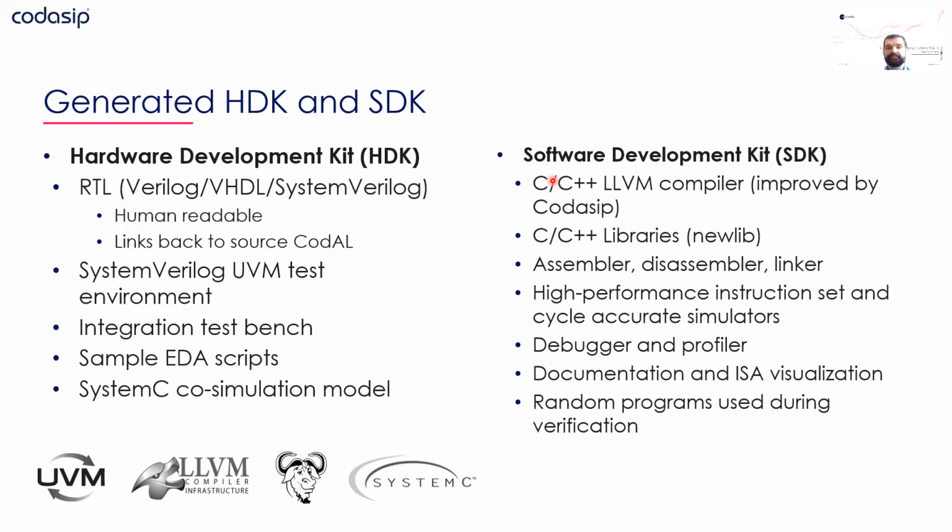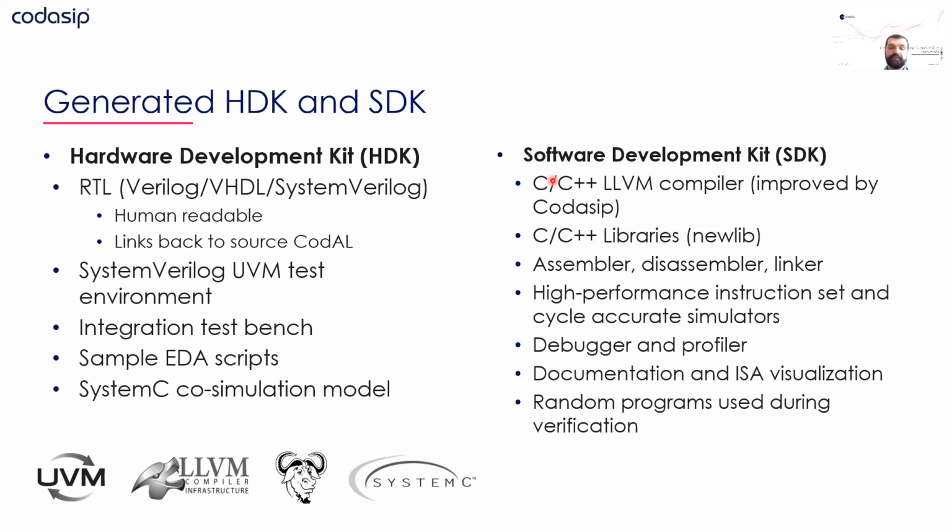In the case of the SDK, there is the C or C++ LLVM-based compiler, libraries such as newlib or C++ libraries, low-level programming tools, different kinds of instruction set simulators, either the fast and high-performance ones, or the cycle-accurate one that really matches the RTL cycle by cycle.